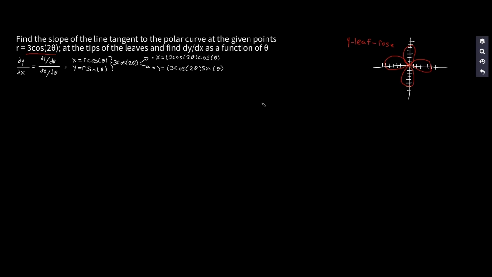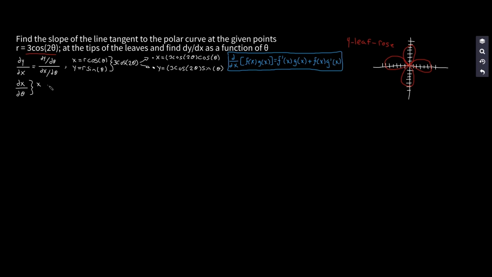And at this point, it's crucial for us to plug in the product rule for differentiation. dx over d theta means the derivative of x with respect to theta. And we're going to start by substituting in for our equation for r.